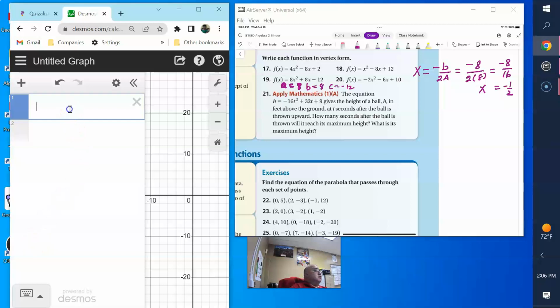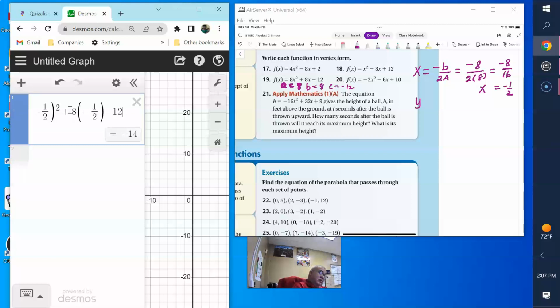So I'm going to come over here to Desmos, and I have negative 1/2. And I'm going to square it. Remember to multiply times 8. And then plus 8 times negative 1/2 minus 12. And you get negative 14.